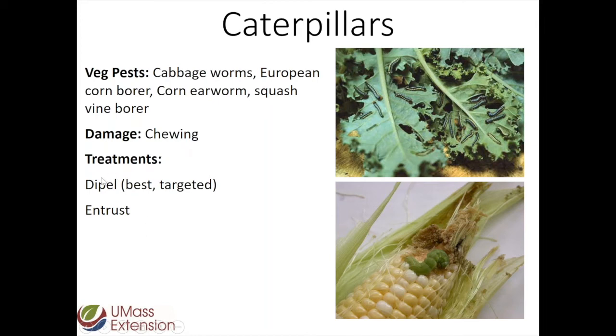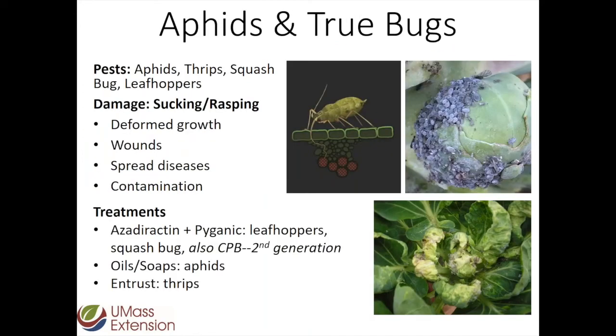And our best treatments for caterpillars are the Dipel, this targeted Bt toxin, but also Entrust works well because, again, it's ingested, and that's another good option.